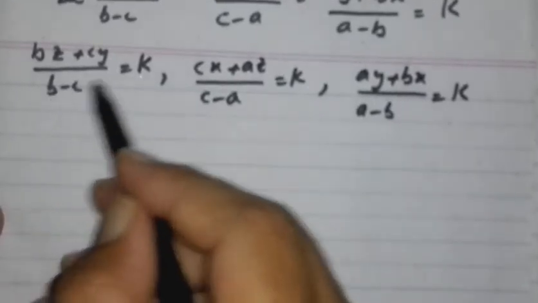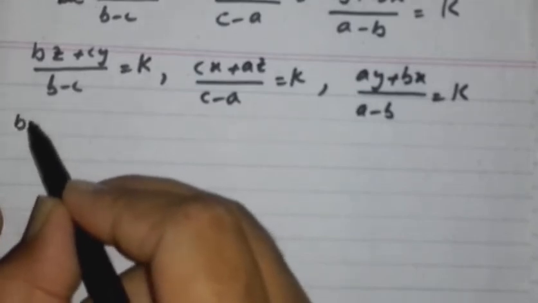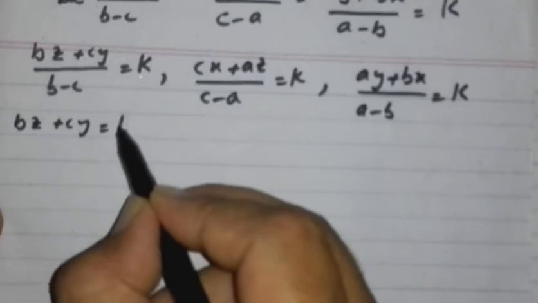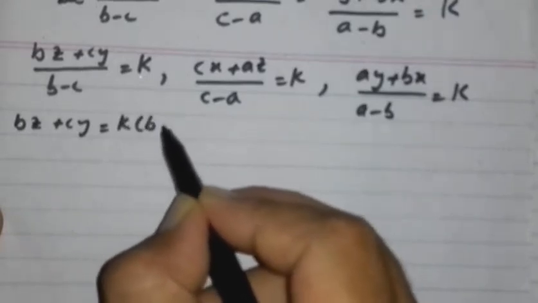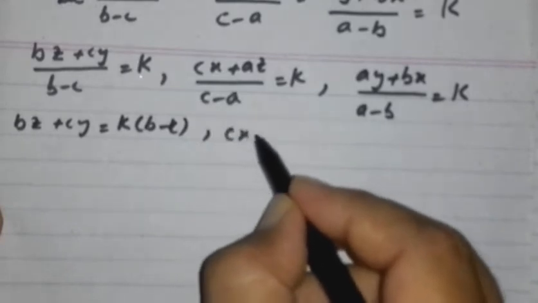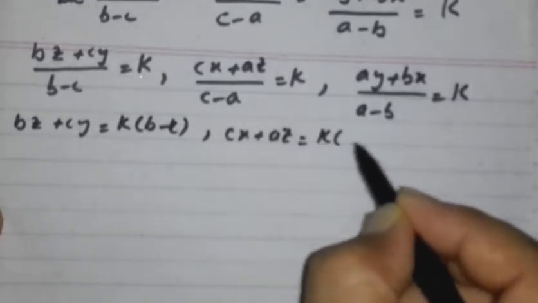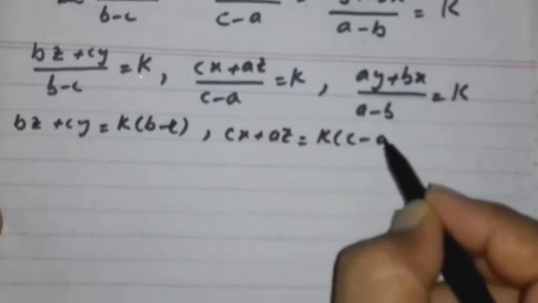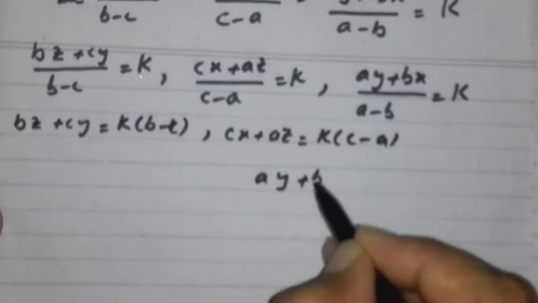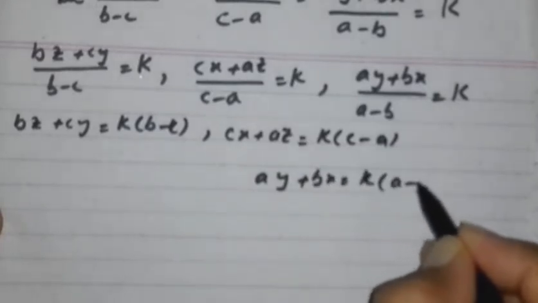Now multiply this b − c here with k. We get bz + cy = k(b − c). Here cx + az = k(c − a), and here ay + bx = k(a − b).